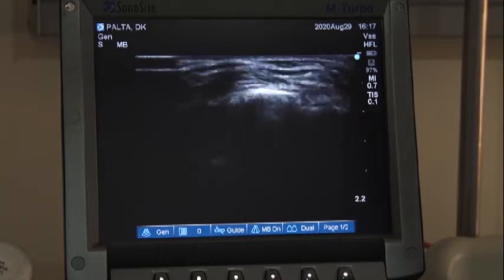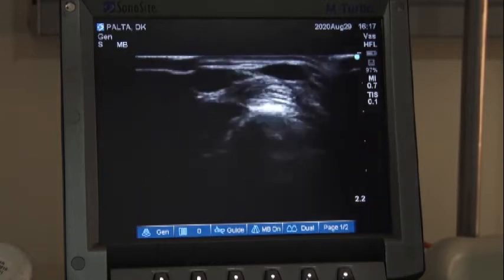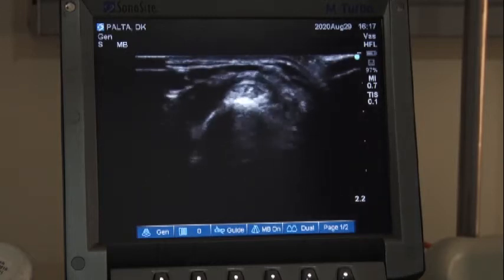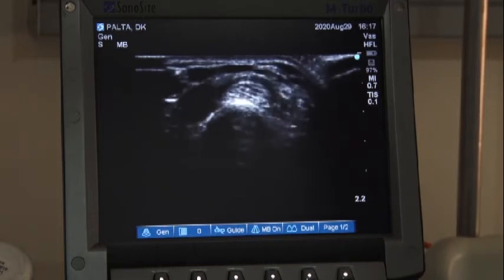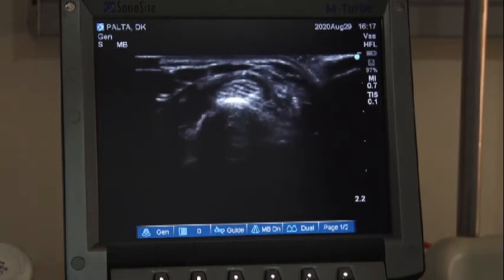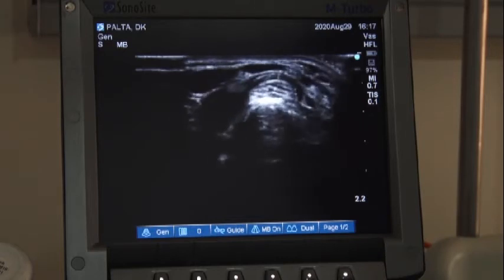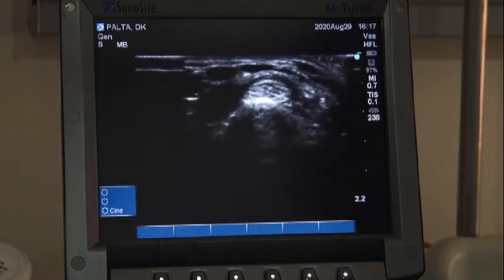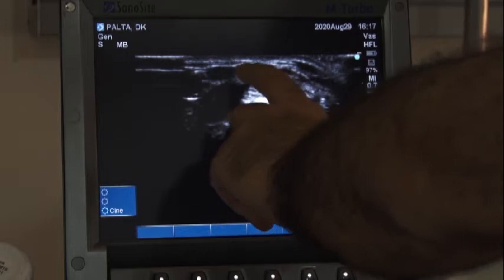So we'll take diameters. We'll write down that at 2.5 centimeters, the vein is breaking into two.